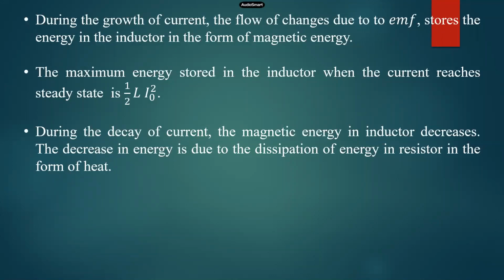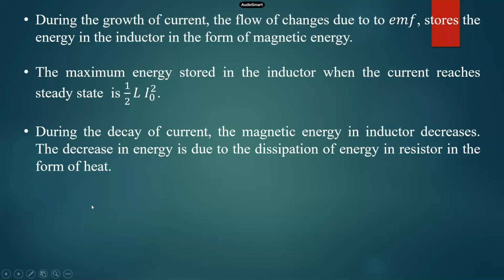Because of that, the decrease in energy takes place when there is a decay of current. Okay, because the energy is given by half L I0 square, when current decreases, the total energy also decreases.